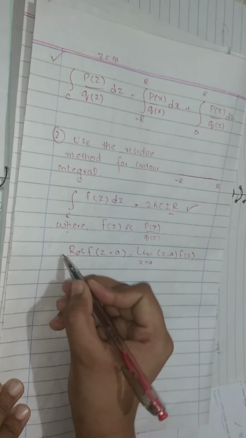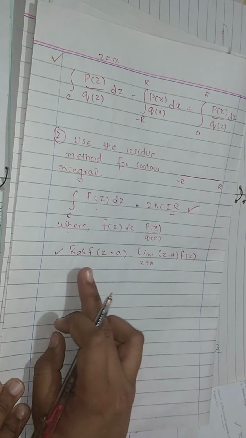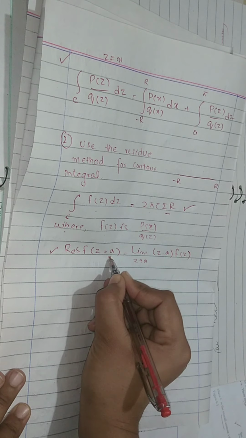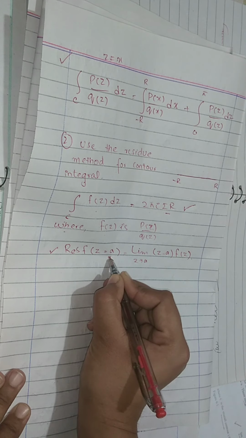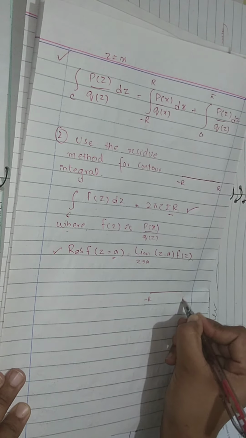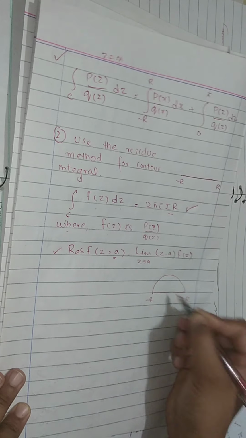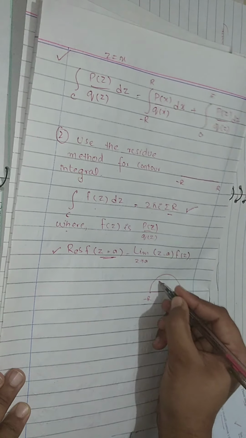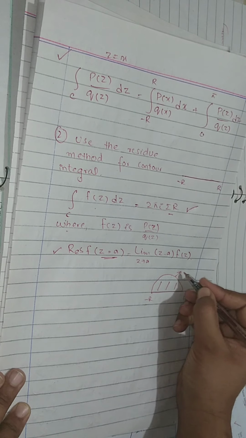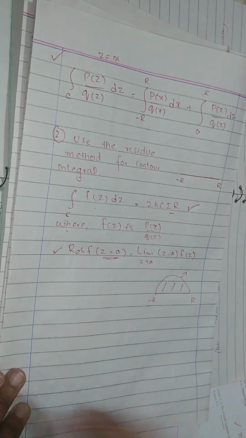We can evaluate the residue of the function at points. These are the points where we evaluate poles, and these points lie inside the contour. If any point lies outside the contour, then we will ignore it.